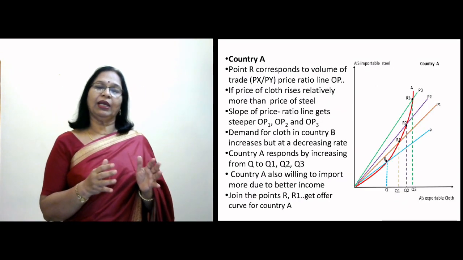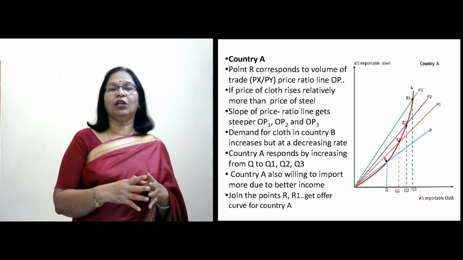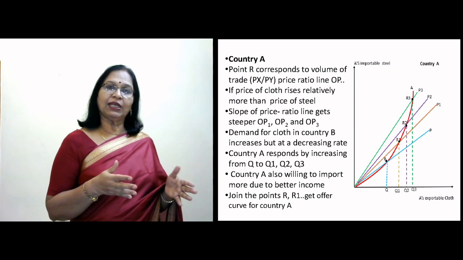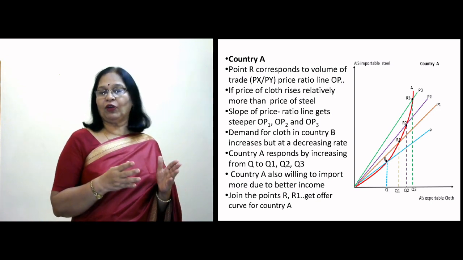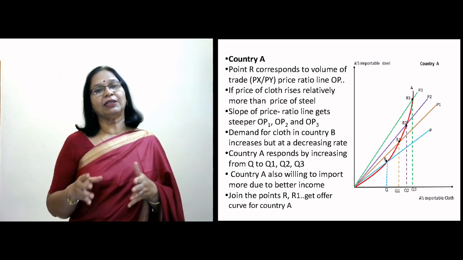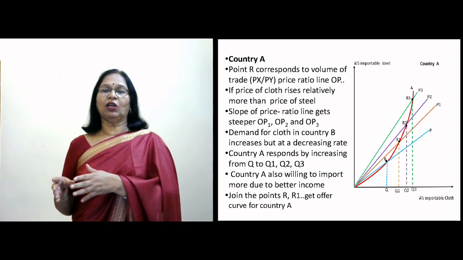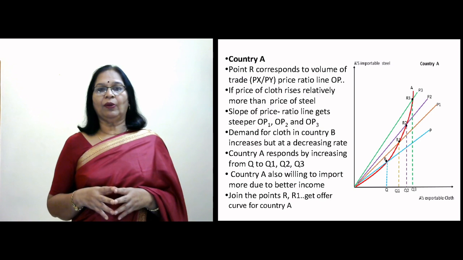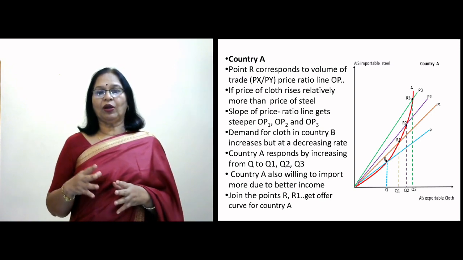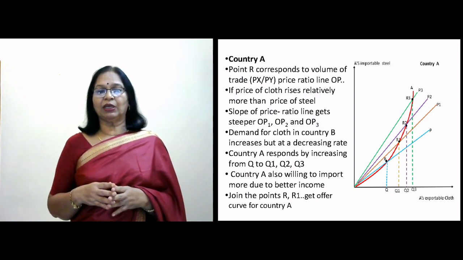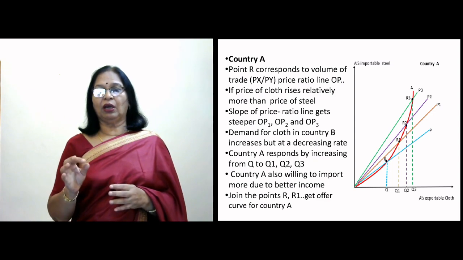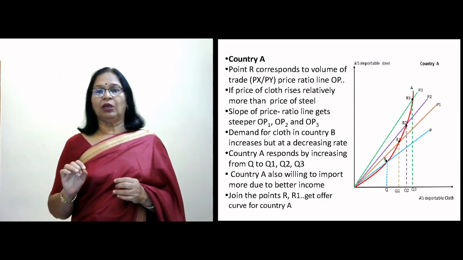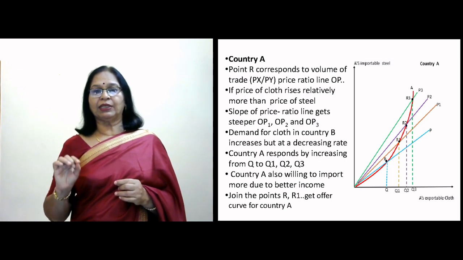Now let us try and understand the offer curves of two countries separately. First, we shall understand the offer curve of country A and apply the same logic to understand the offer curve of country B. The offer curve can be understood from the point R. So R is the point on price line OP.